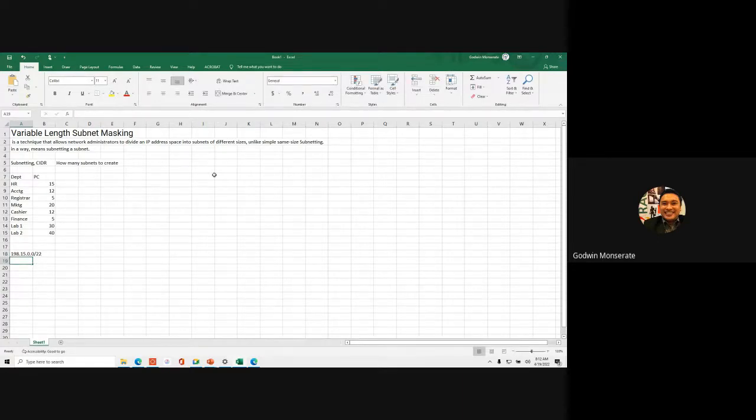This is a classic example of a CIDR. When we compute it, we are going to convert this into its binary form. So that would be 198.15, then 1, 2, 3, 4, 5, 6, 7, 8.